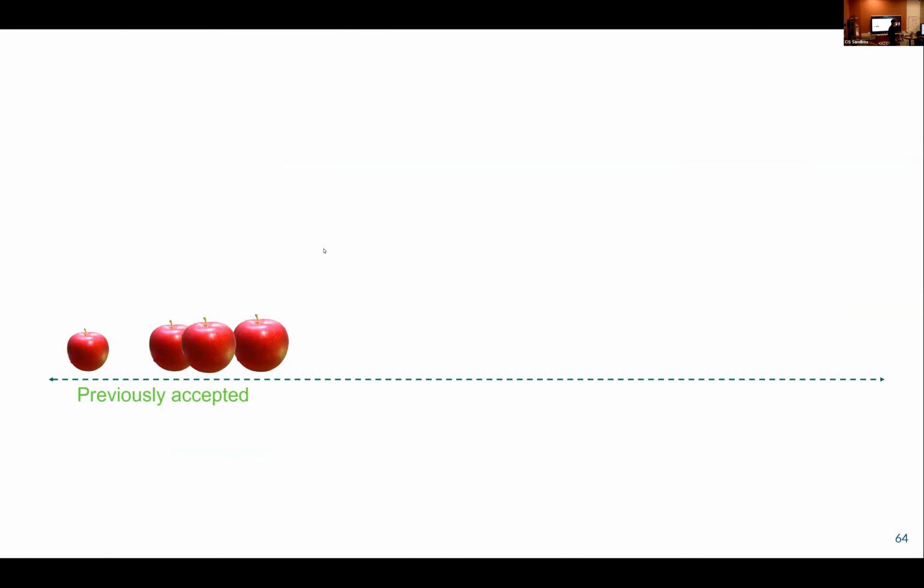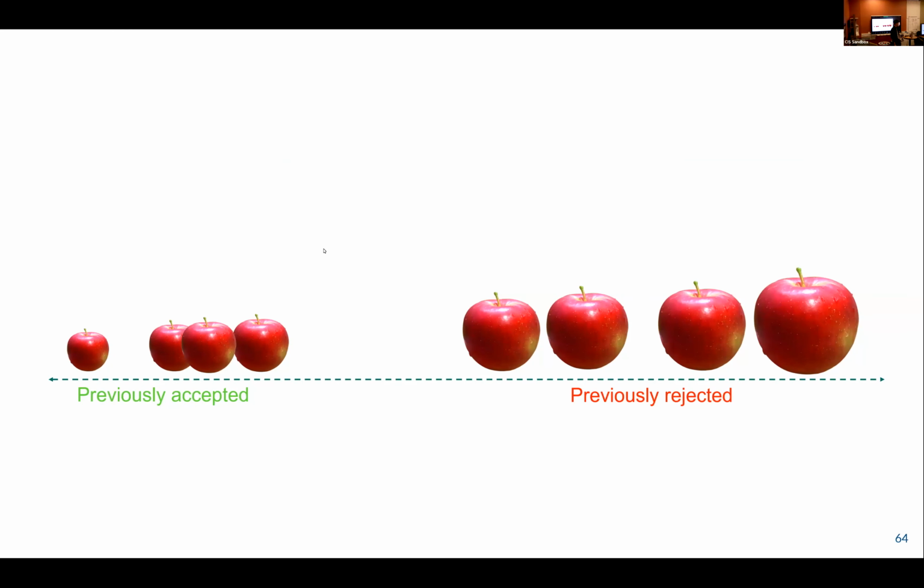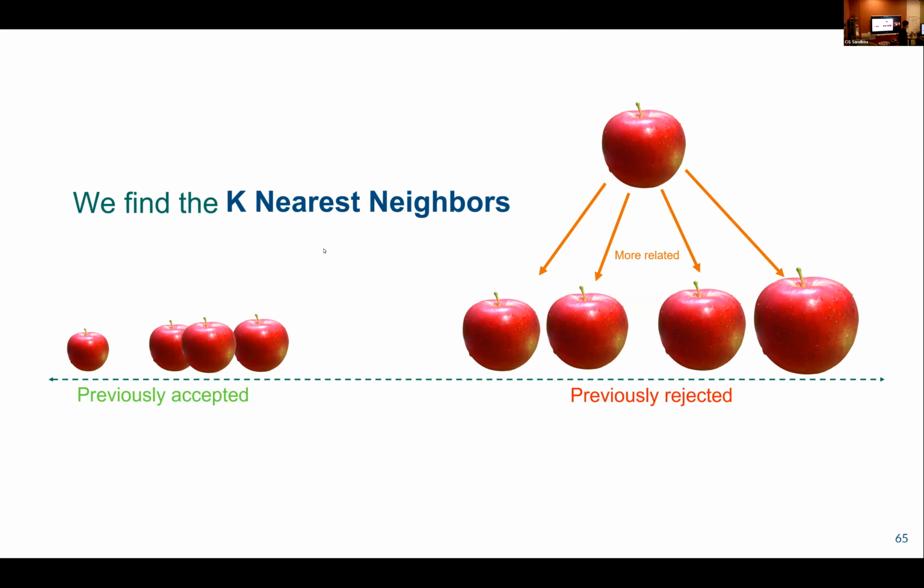So if we put these apples on a scale like this, okay, we can take our apple to buy and evaluate its nearest neighbors. Okay, so let's say it's closest to those couple apples. Obviously, we don't want to buy that apple, right? And this is the premise of our last classifier, k nearest neighbors.